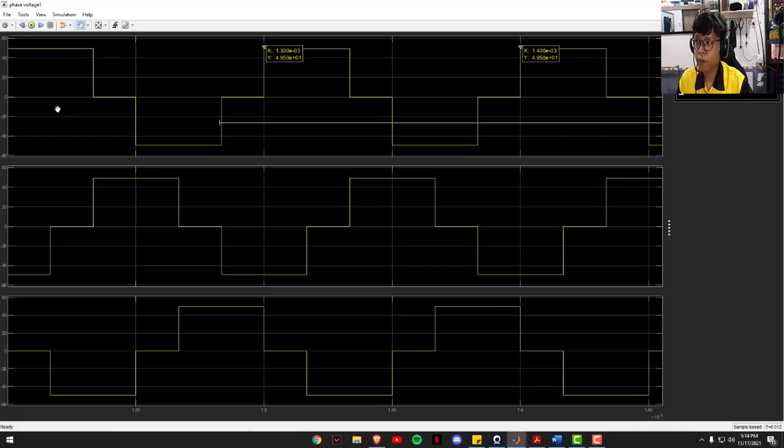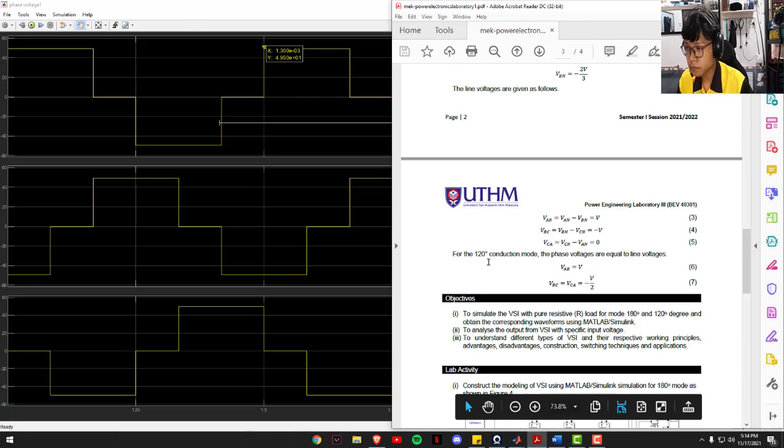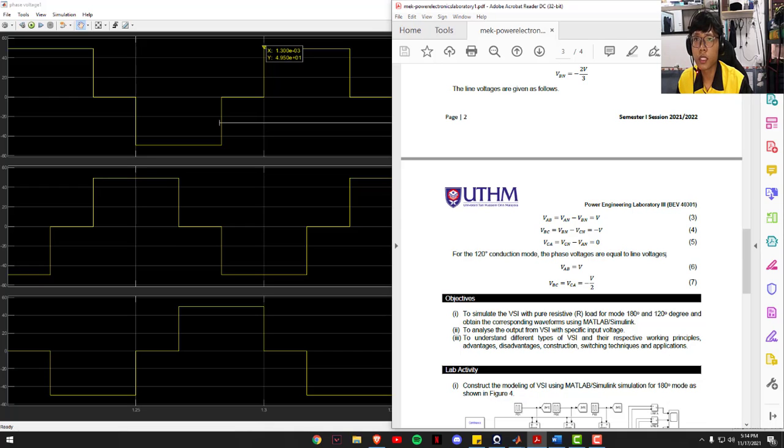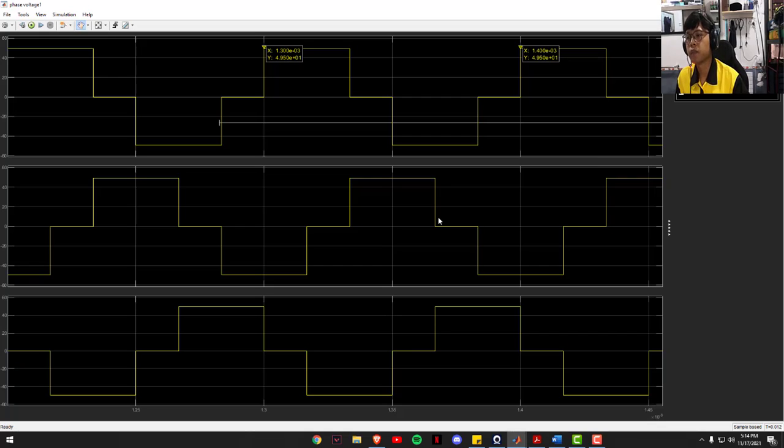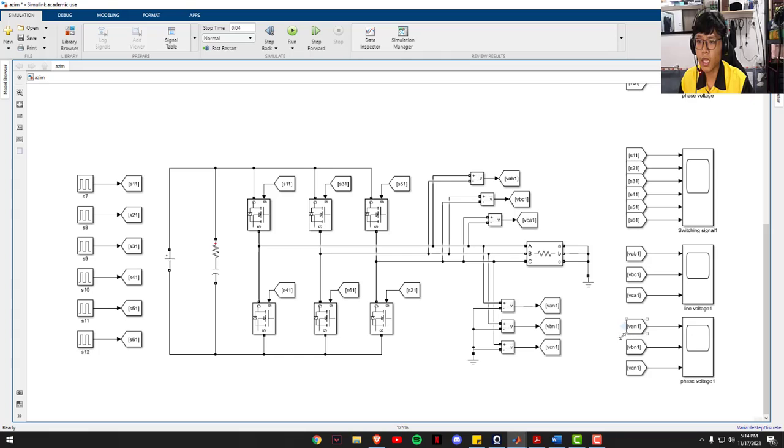To find this voltage, we can use the formula in the lab sheet. It is stated that the phase voltage is equal to line voltage. Therefore, the formula for VAN is V source over 2, and for VBN is negative Vs over 2, while VCN is equal to 0.